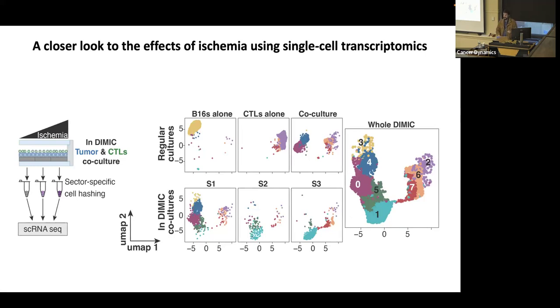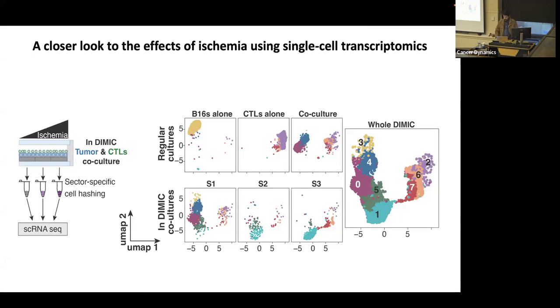This is in normal conditions. And then we can study how that co-culture changes across the different environments. Hopefully you can see that the better nurtured environment looks very much like the regular co-culture. But in the more ischemic regions, you start seeing new populations of tumor cells and new populations of these T cells in the context of the co-culture and in ischemia.